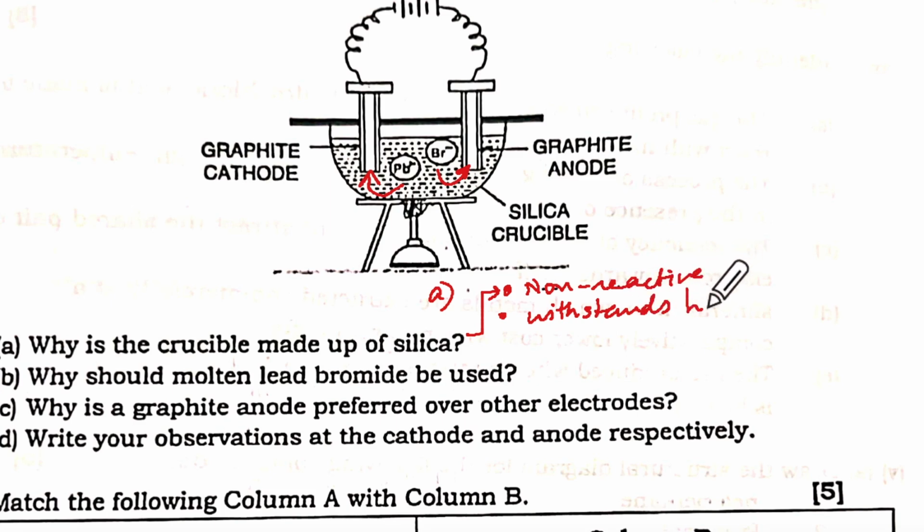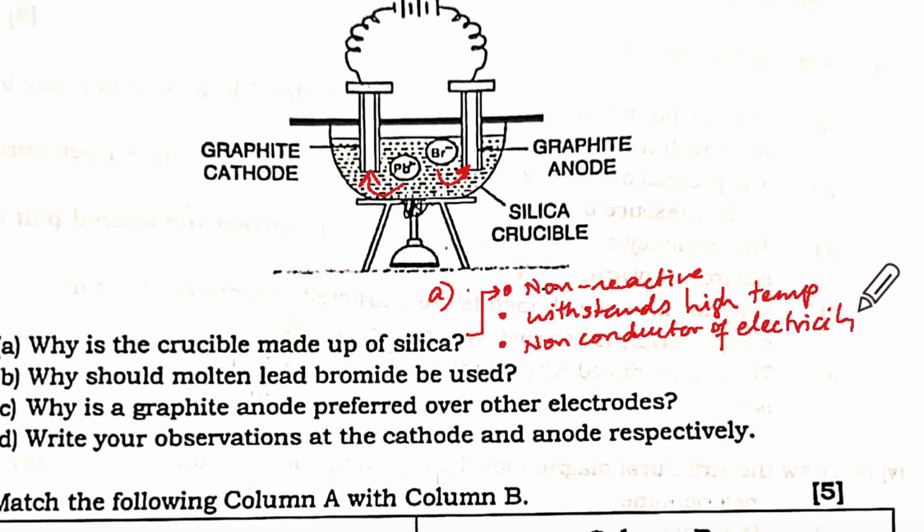So which stands high temperature. We don't want a crucible that will melt at 380. And next one, it is non-conductor of electricity. Okay, so these are the three reasons.